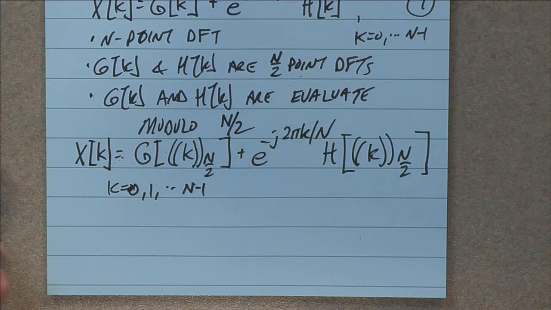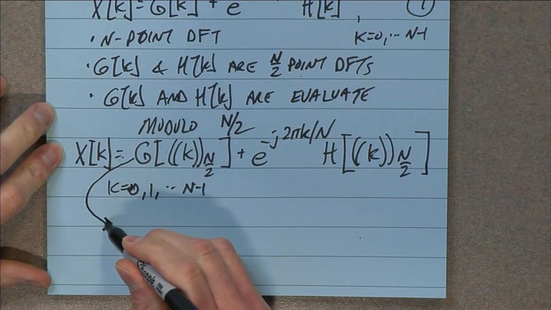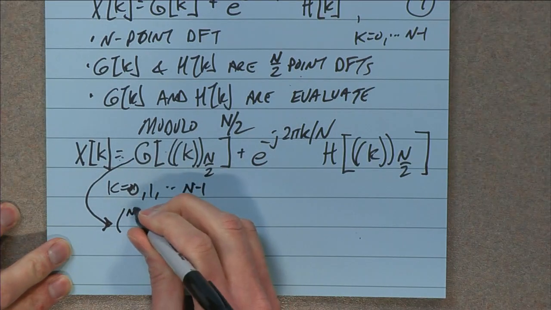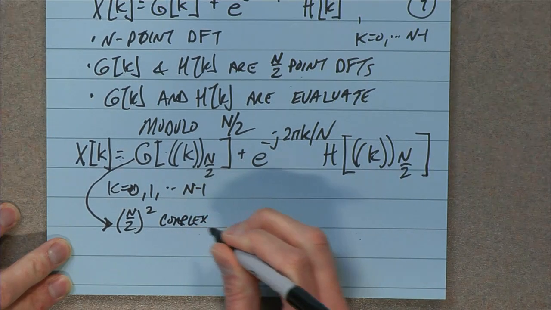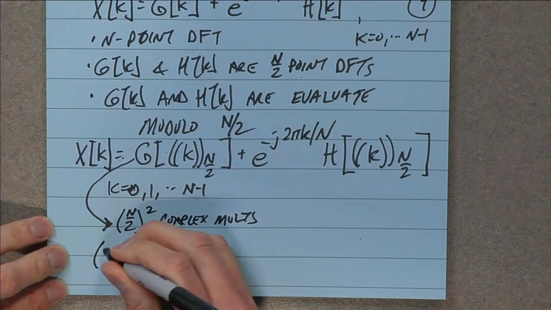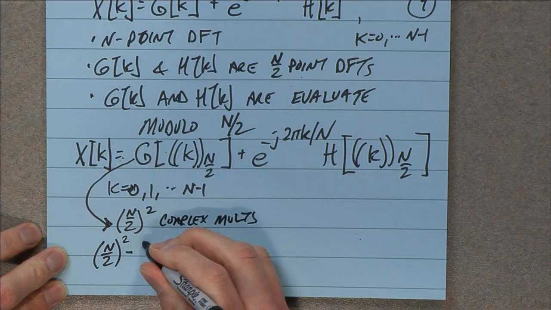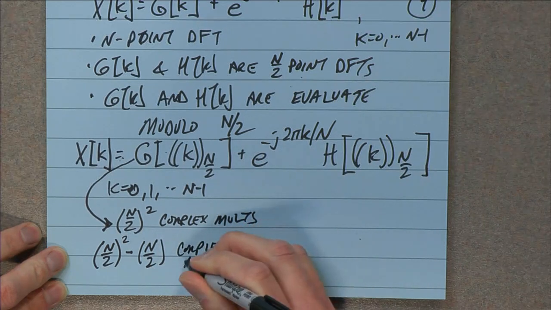So now let's do a quick accounting of how much it really takes to do this. So we know that since this is an n over 2 point DFT, I'm just going to draw an arrow and say, well, we already calculated this before. It's going to be n over 2 squared complex multiplies, right? And since this is n over 2, it's going to be n over 2 squared minus n over 2 complex adds.